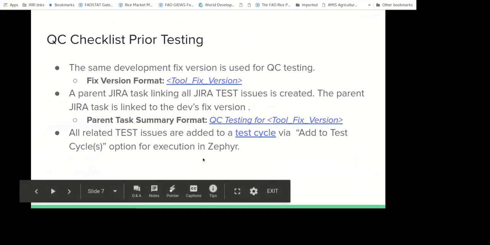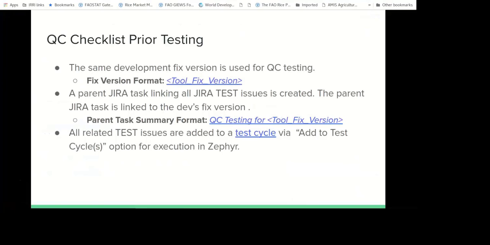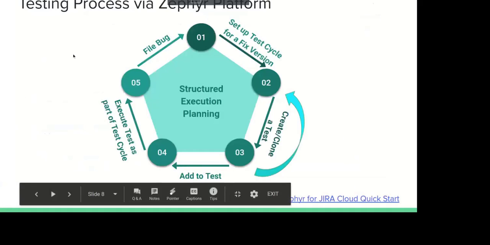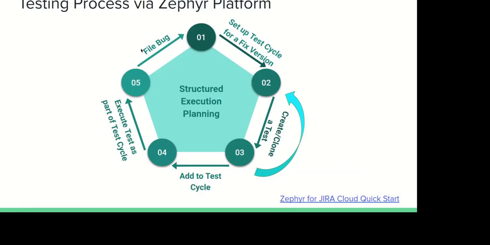So basically, those three items are our QC checklist. As I have mentioned, the testing process as part of the how-to is, first, we set up a test cycle for a fixed version. Again, fixed version is just the release version.